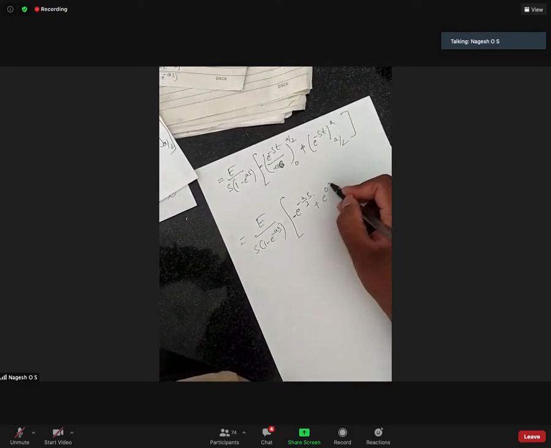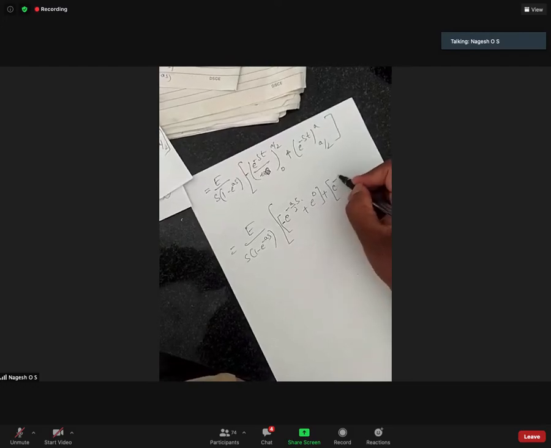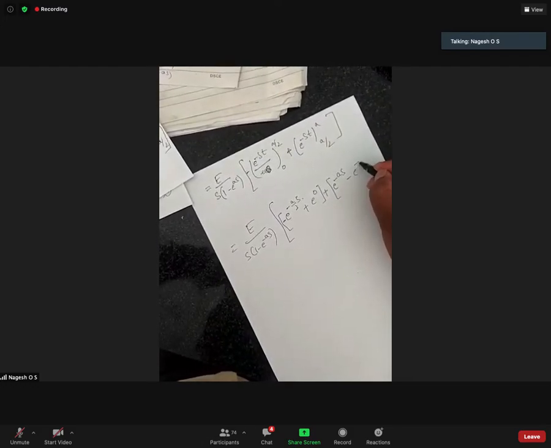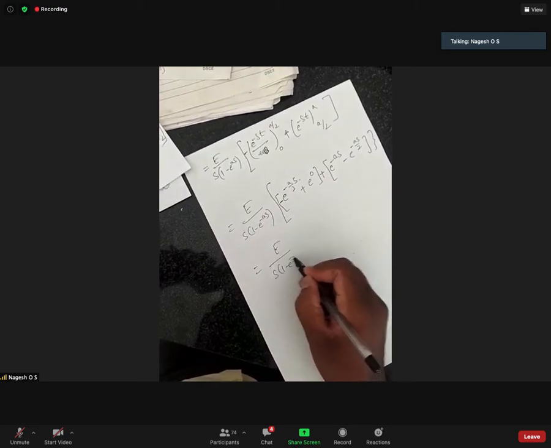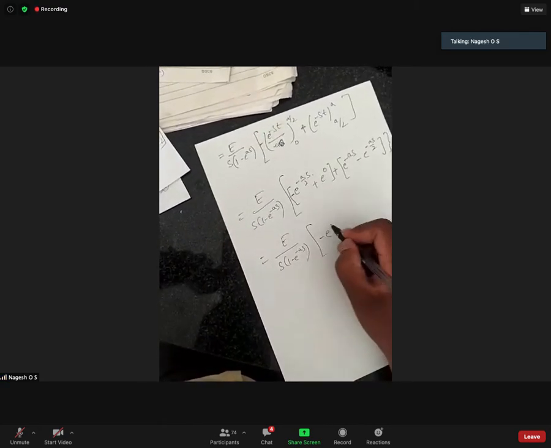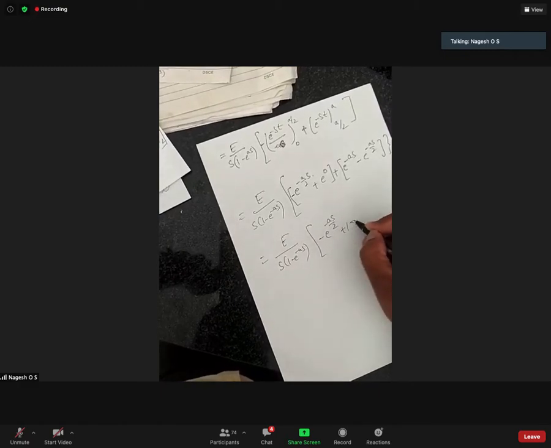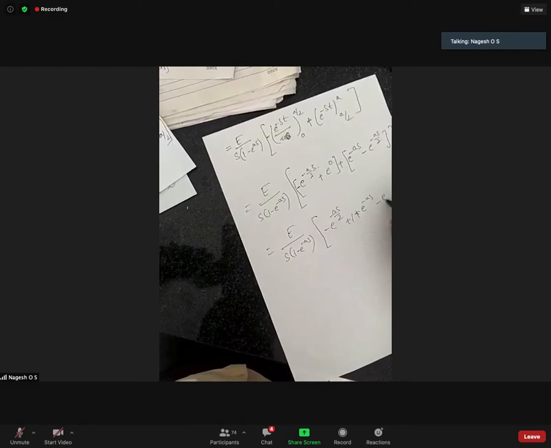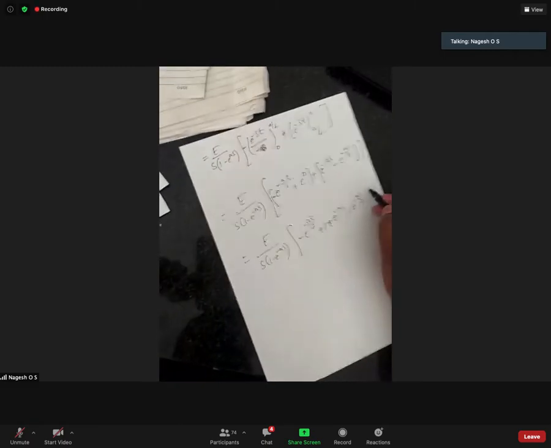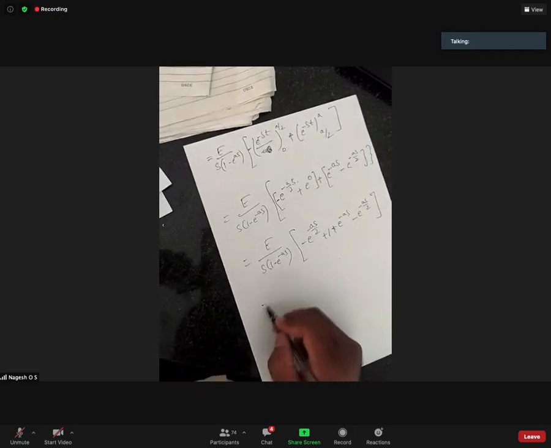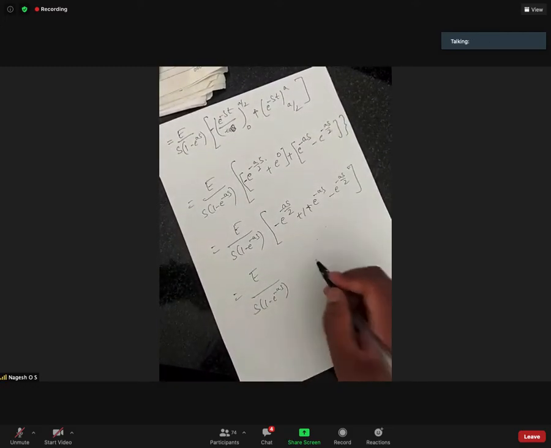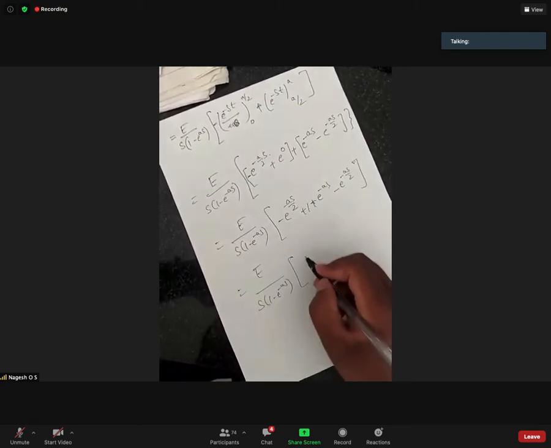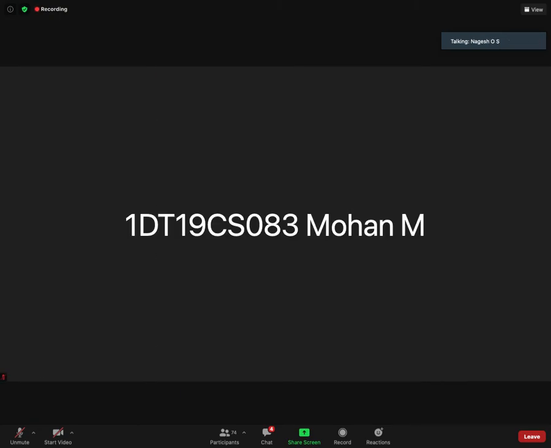Then plus, for this e power minus as minus e power minus as by 2. e by s, 1 minus e power minus as, minus e power minus as by 2 plus 1 plus e power minus as minus e power minus as by 2. e by s, 1 minus e power minus as, 1 minus 2 e power minus as by 2 plus e power minus as.